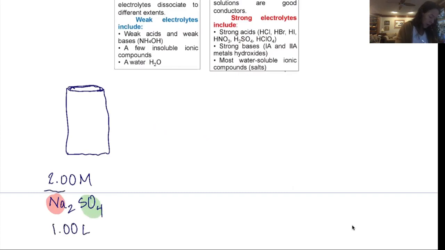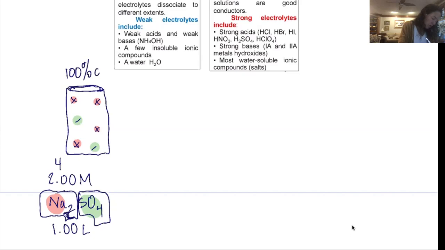That means I've got 2 of these for every 1 of these. So let's say I've got 4 of these because I've got 2 moles. So that gives me 4 moles of sodium ions and 2 moles of sulfate ions. So I should have 4 sodiums for every 2 sulfates, right? So those are my positive ions, and those are my negative sulfates, and I have the proper ratio, and I have 100% dissociation.